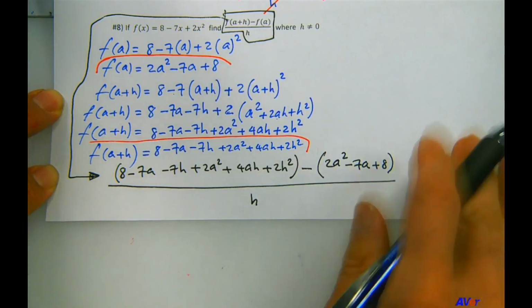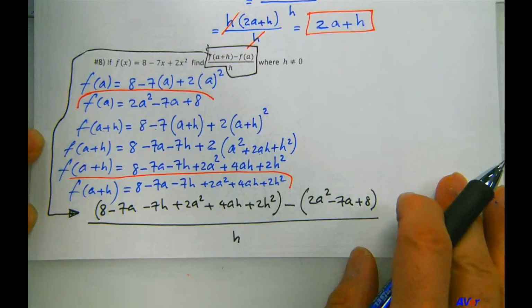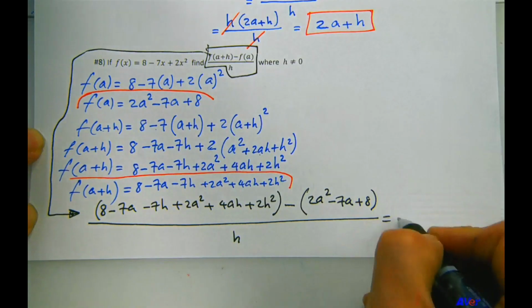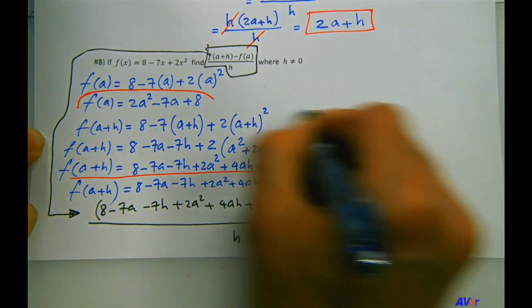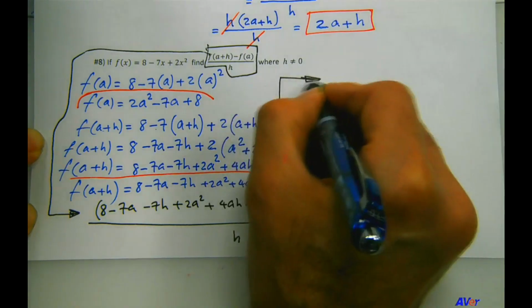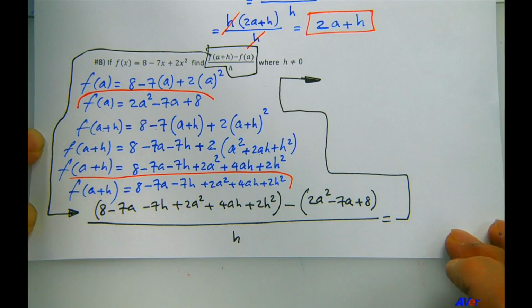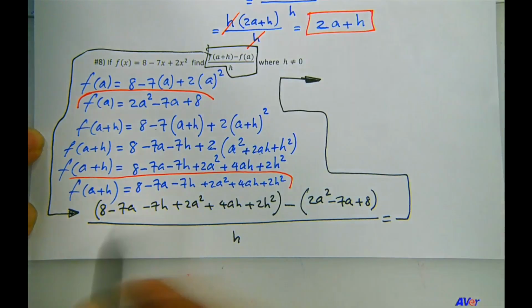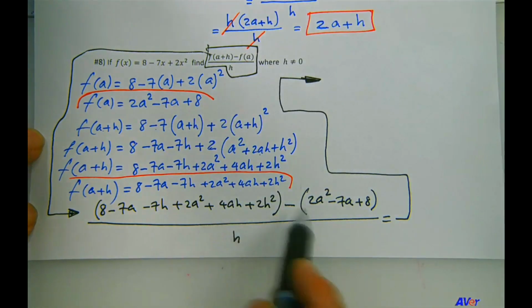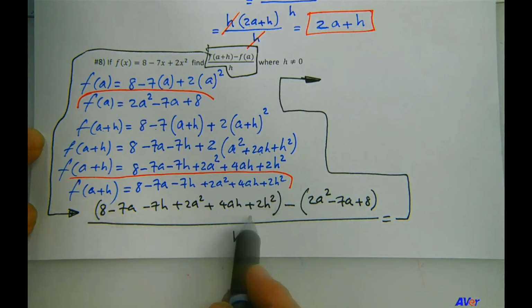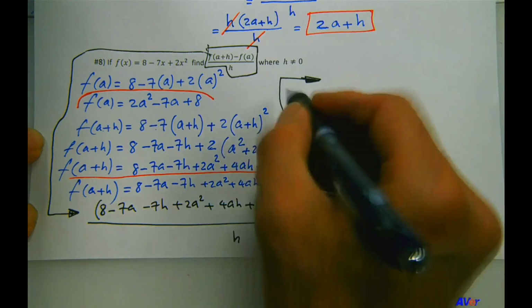I'm running out of space here, but let me try and put the rest of this here, starting here. Okay. All right. So what we're going to do is distribute this negative into that, but we're going to first write all of this down. I hope I can fit it here.